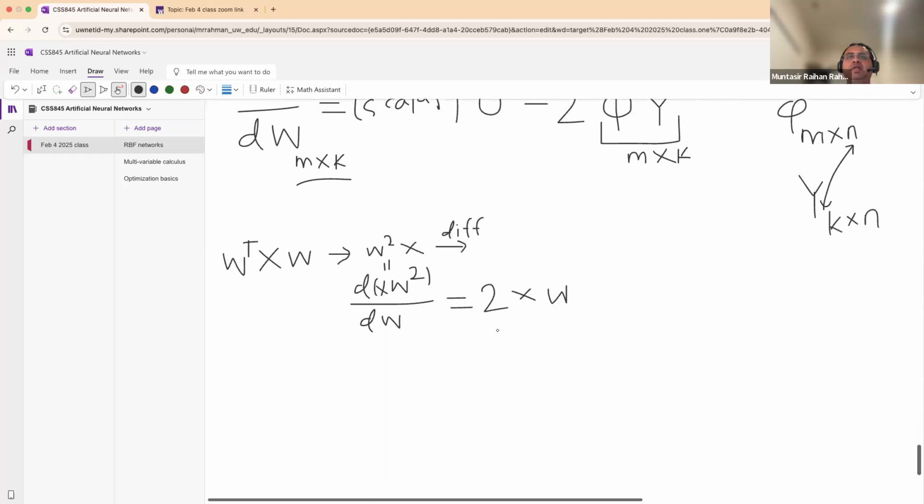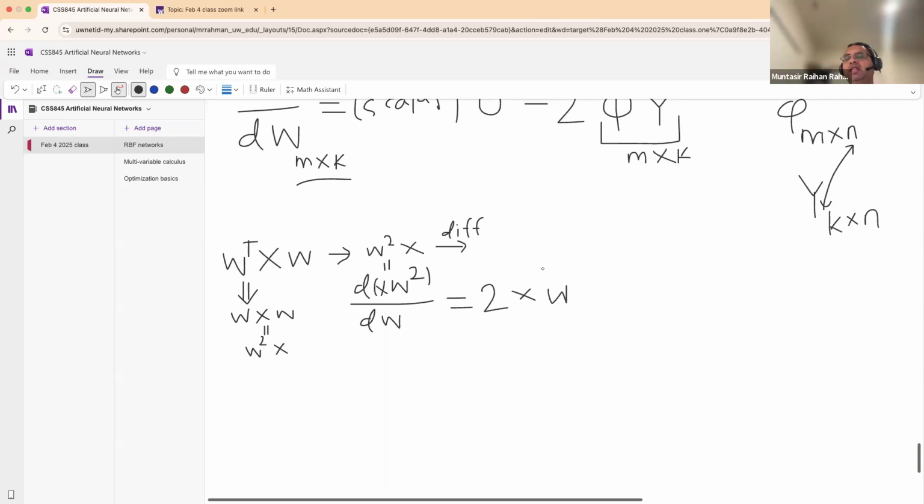And as scalars, the matrix order doesn't matter because scalars are commutative, and also the transpose of a scalar is the same scalar. So w transpose becomes, in terms of scalars, w x w, and then you can commute this, and this becomes two w's together and an x. And then as a scalar, if you differentiate, you get 2xw.